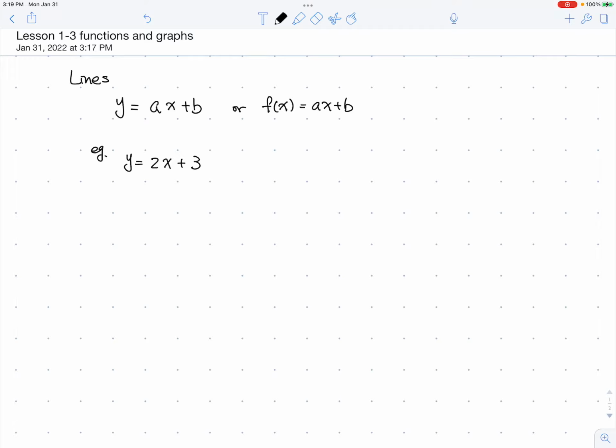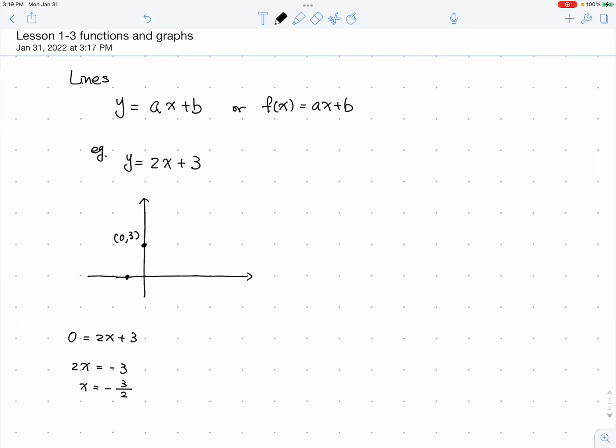If I work on a graph paper, then I will see that when x is equal to 0, y is equal to 3. And when y is equal to 0, x is equal to, okay, let's do a little math here. So 2x becomes minus 3, x becomes minus 3/2.